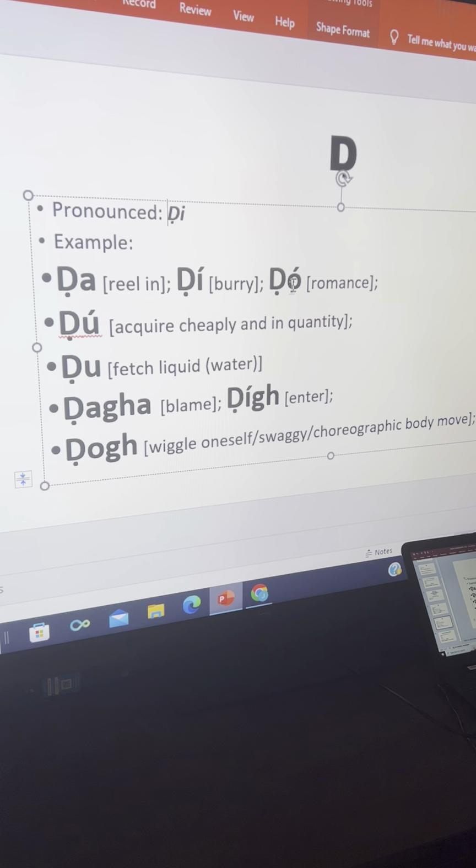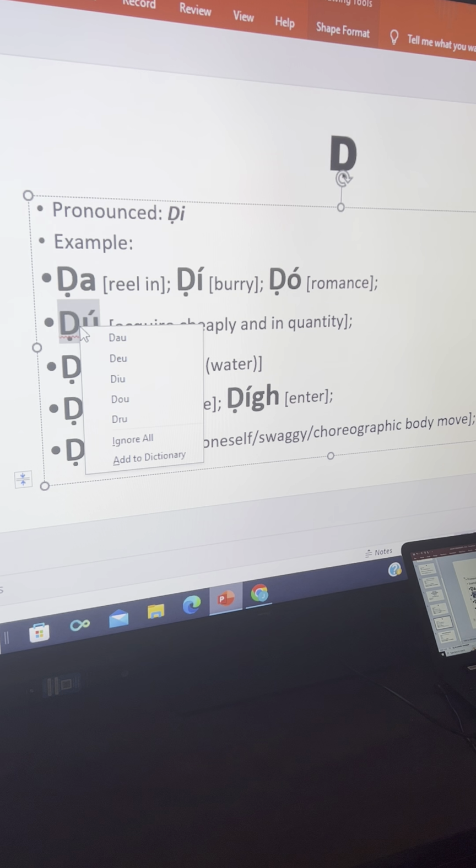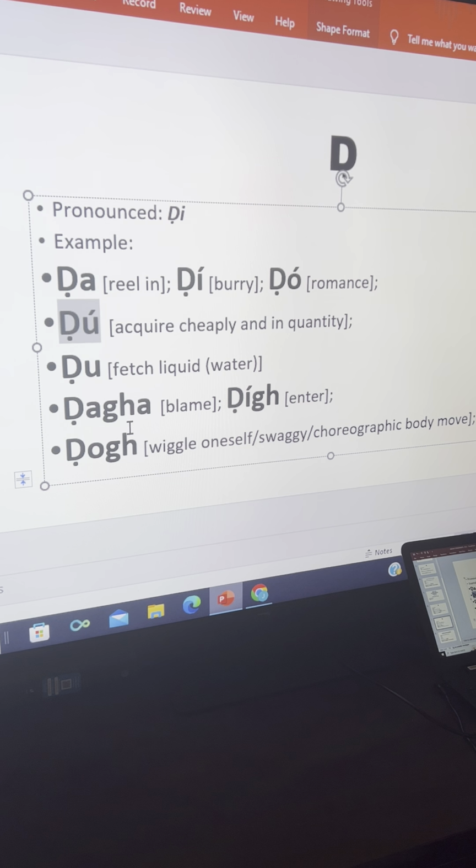Okay? D, O. Did you notice this? That the U is tone mark. So it's going to take the O sound. D, O. And that is so.